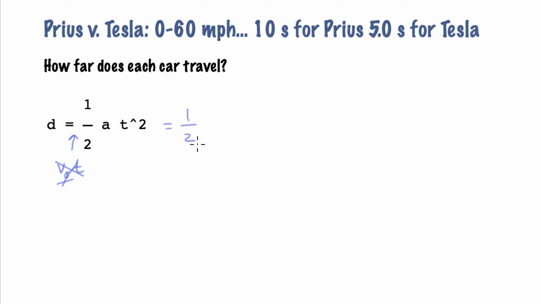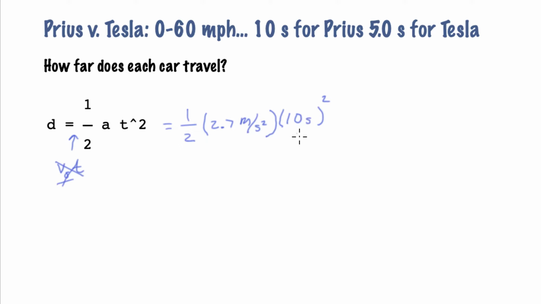We're going to take 1/2 the acceleration. Let's do the Prius, 2.7 meters per second squared, and we've got to multiply that by the time, which is 10 seconds squared. Don't forget the squared part. Now, what is the square attached to?